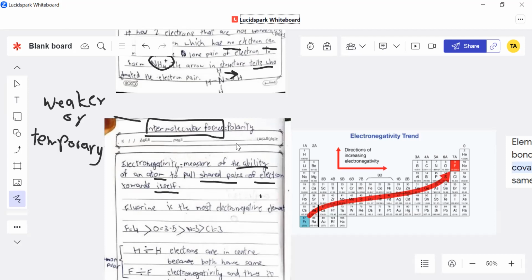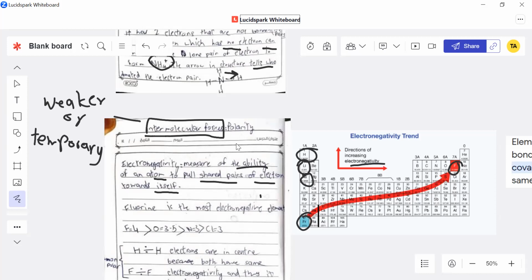And in the periodic table, the electronegativity would increase as you move up. And it would also increase when you move towards the right. So electronegativity increases something like this. So for example, hydrogen is more electronegative than this right here. And fluorine is more electronegative than lithium or sodium.